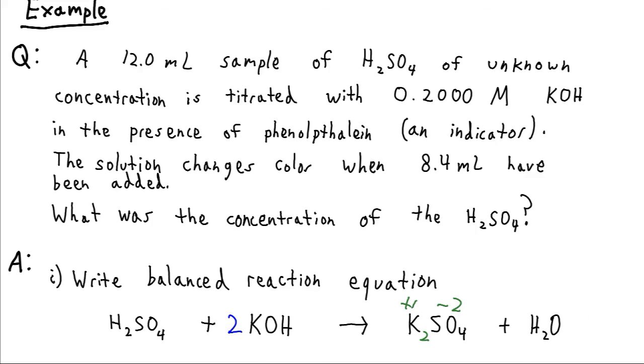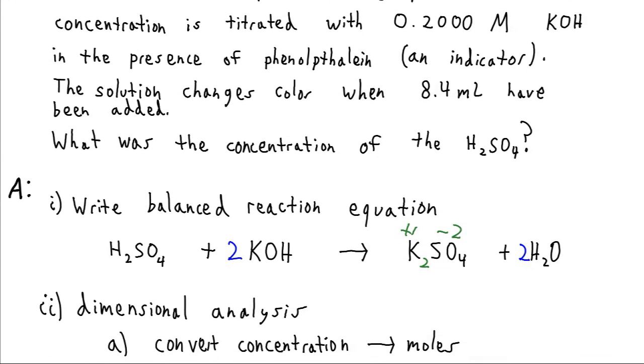So we're going to need to double the number of water molecules. And now I have 2 plus 2 is 4 hydrogens, 2 oxygens, 2 oxygens, 2 potassiums, a sulfate, and a sulfate. So that's the balanced reaction.